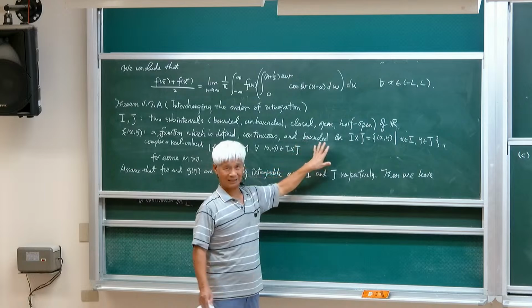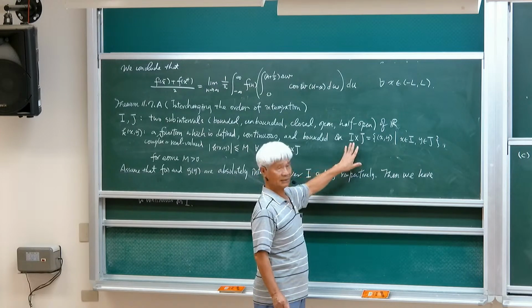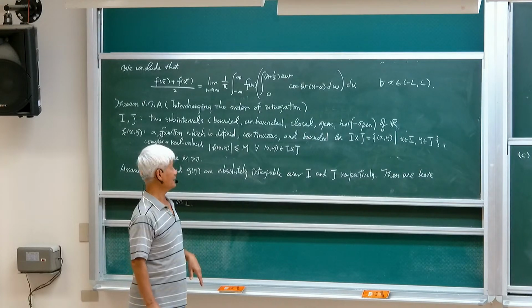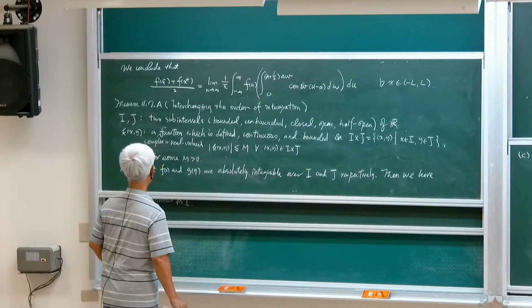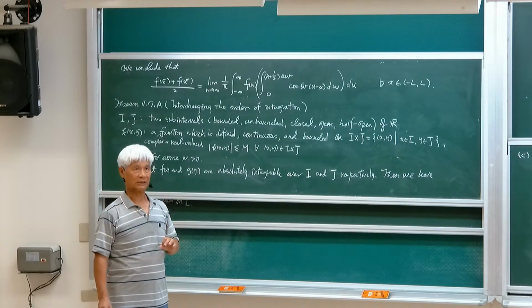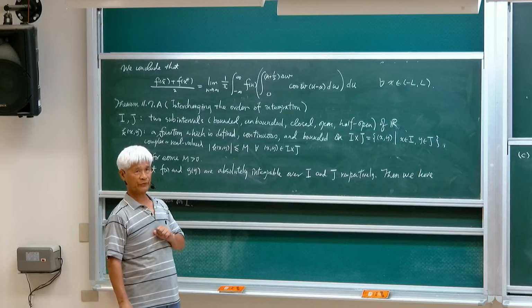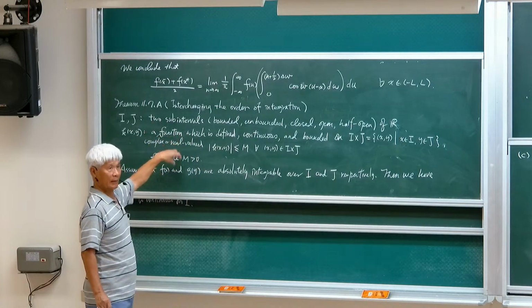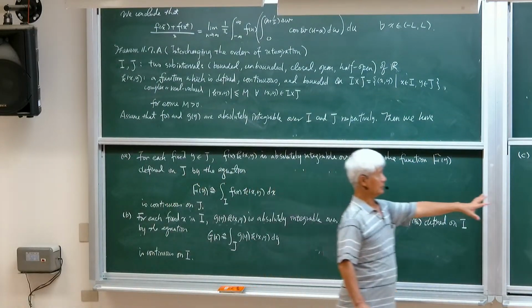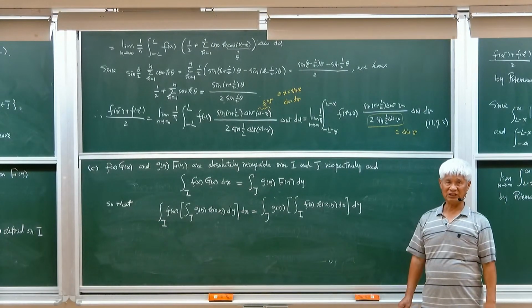The very important thing is bounded on the defined rectangle in the plane. Furthermore, we require f of x and g of y to be absolutely integrable functions. So the condition is quite mild, and with that condition we have the validity of interchanging the order of integration.